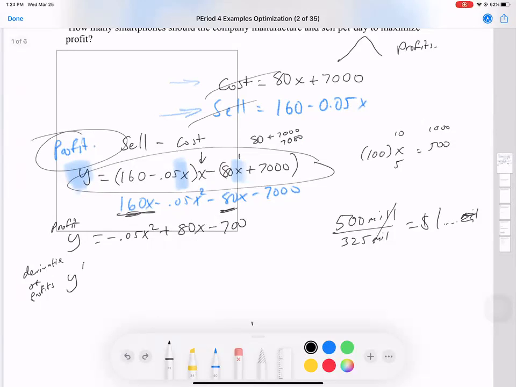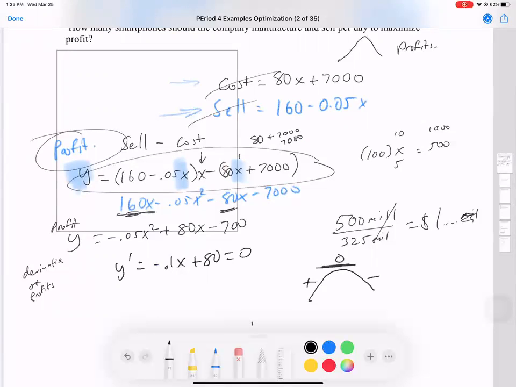So power rule: y prime is equal to negative 0.1x plus 80. To optimize an equation, we're trying to figure out where the slope isn't positive and isn't negative, but where it's 0. Our critical point equals 0.